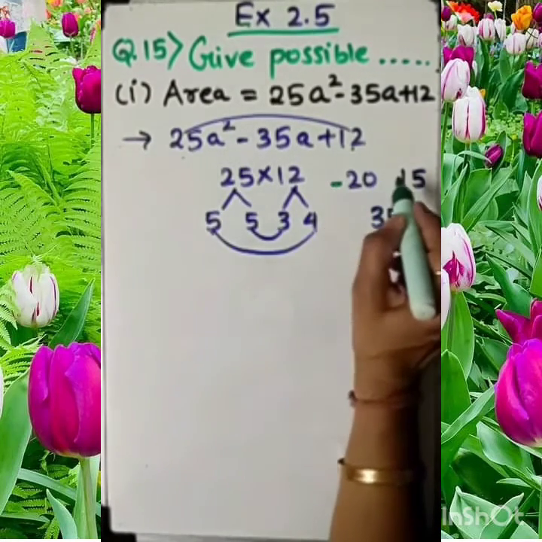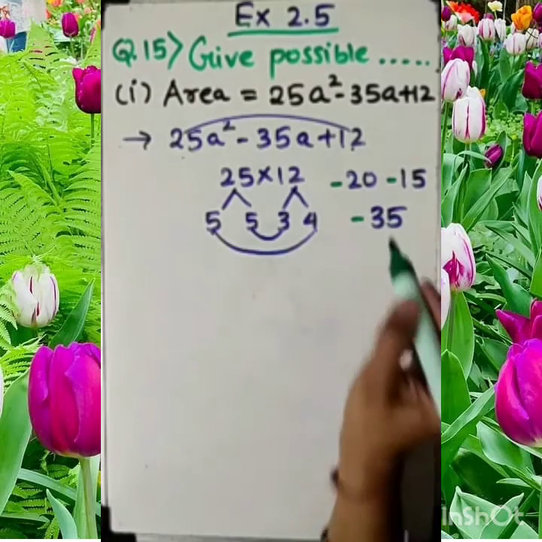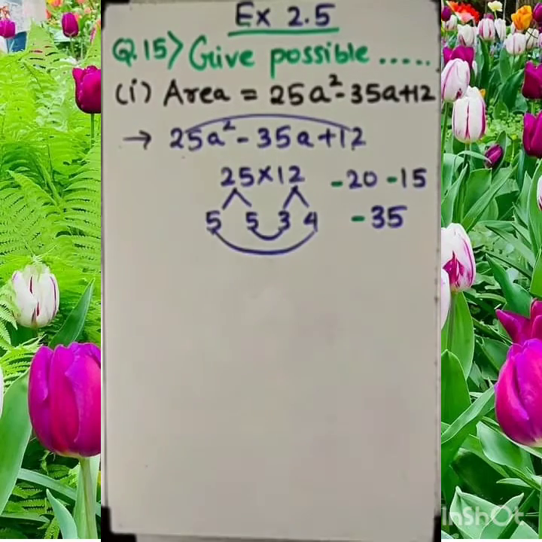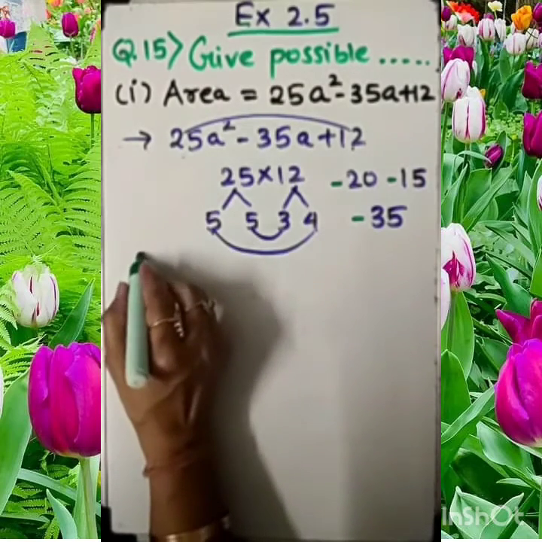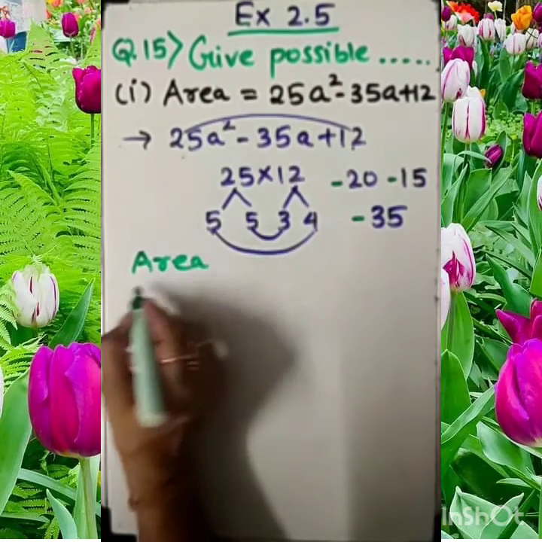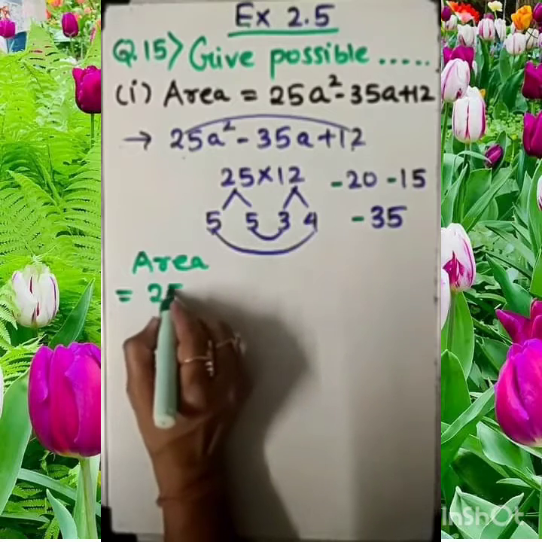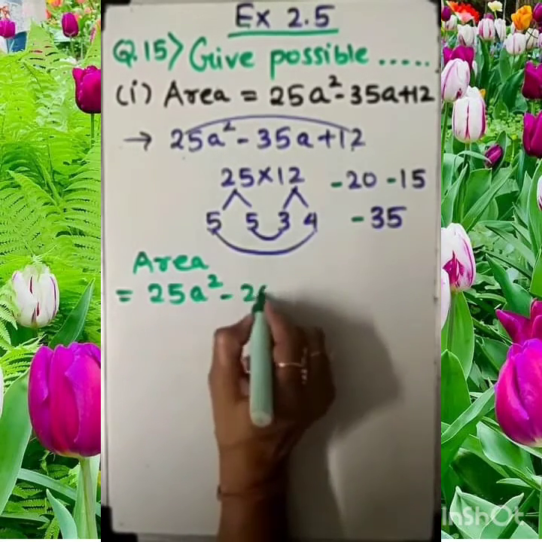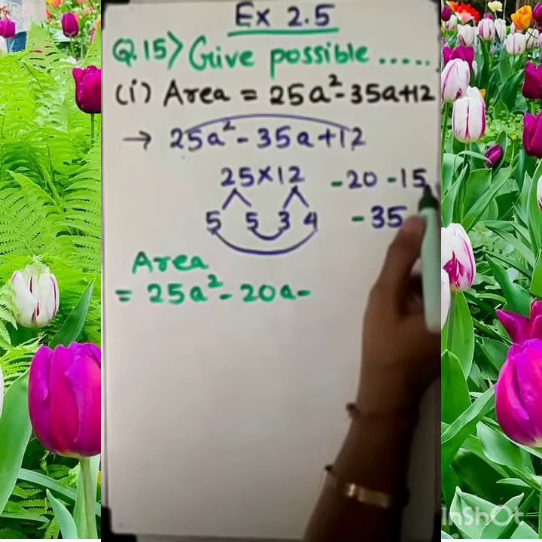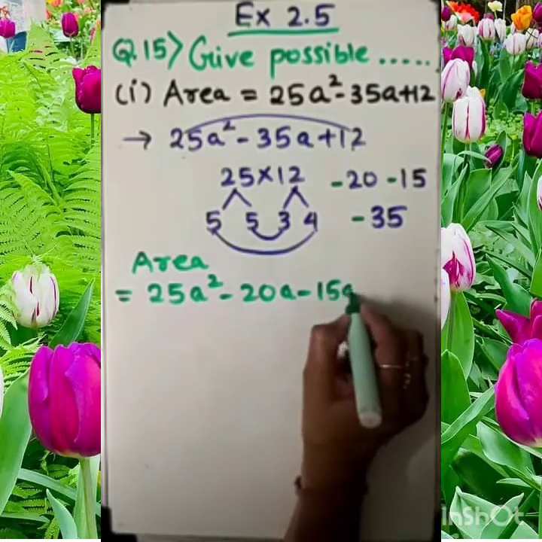But dear student, please remember the sign will remain minus. So according to that, we need to mention area equal to 25a square minus 20a minus 15a plus 12.